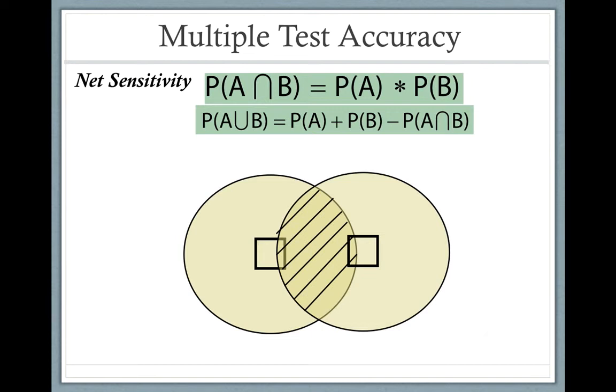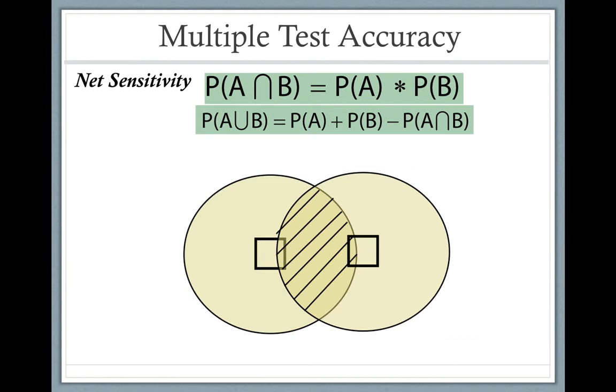So you're going to have some people that test positive for test 1 only, and some people that test positive for test 2 only, and some people that test positive for both. When you have sequential testing, like I was saying, you have people that need to test positive for both. And because these are independent tests, we can remember from our biostats days, probability of A and B is equal to the probability of A times probability of B.